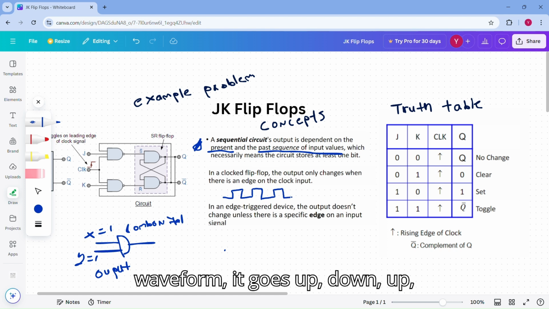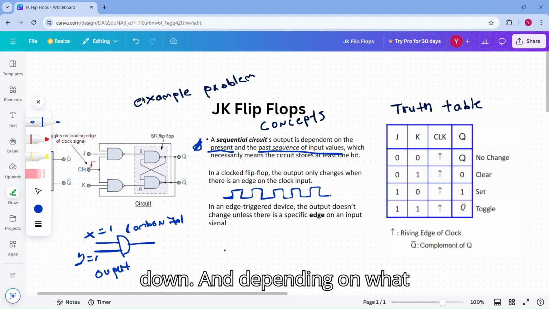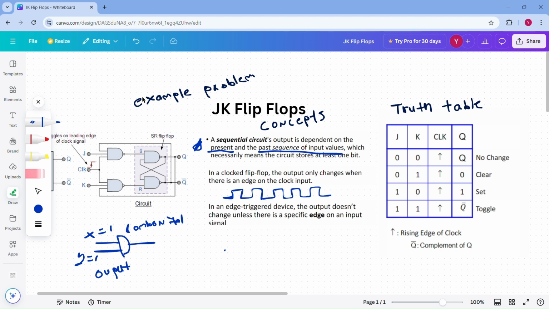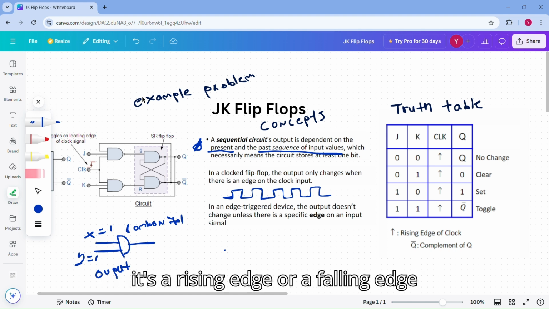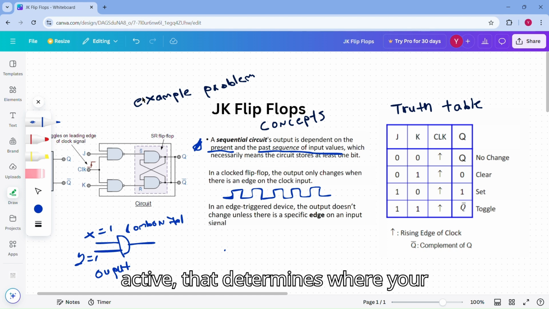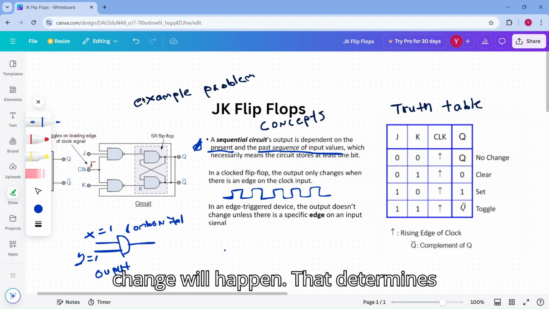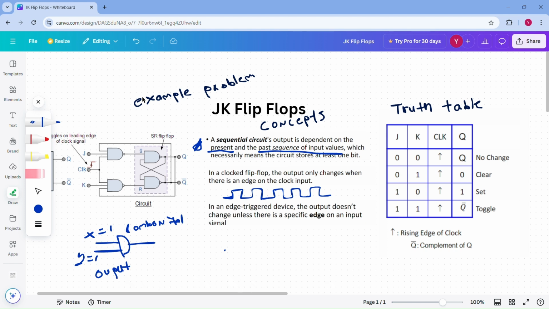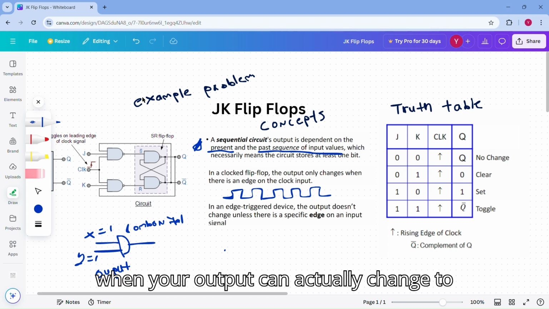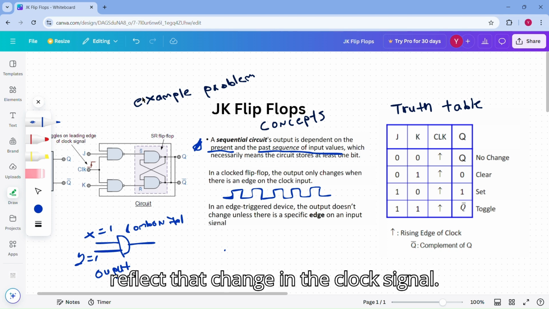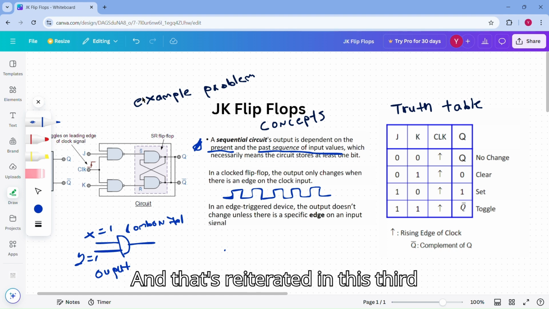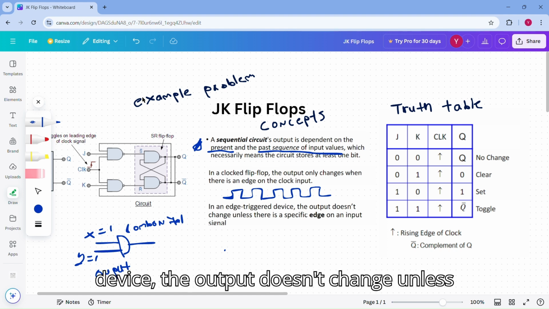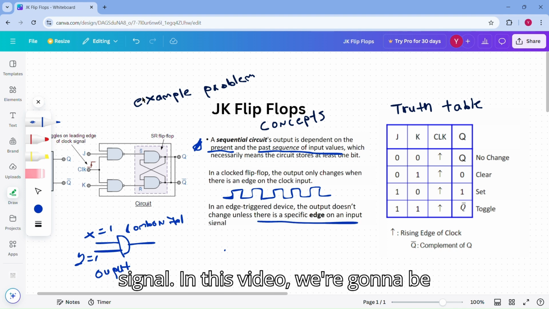It goes up, down, and depending on whether you have a rising edge or a falling edge active clock, that determines where your change will happen, when your output can actually change to reflect that change in the clock signal. And that's reiterated in this third bullet point. In an edge-triggered device, the output doesn't change unless there's a specific edge of an input signal.